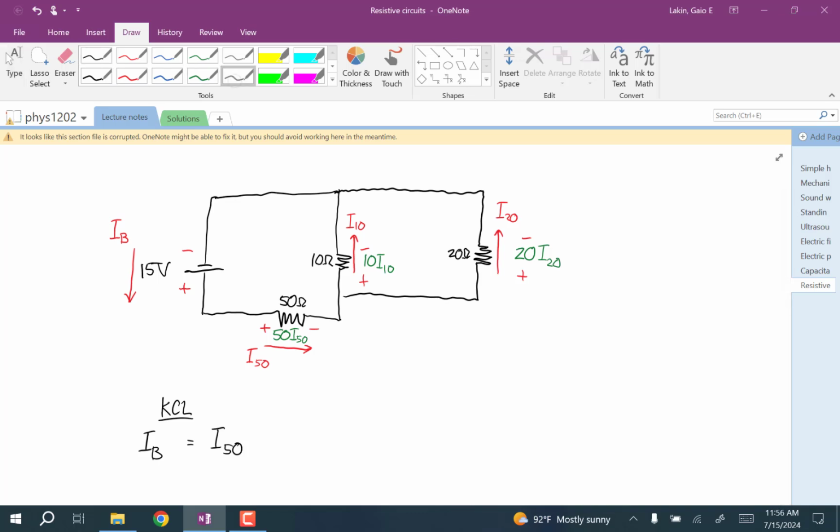Next, we'll go to this node. Remember, a node is all the wire that you can get to without going through an element. So all of that gray is a single node. I didn't touch any elements to do that. So going into that node, we have I50. Going out, we have I10 and I20.